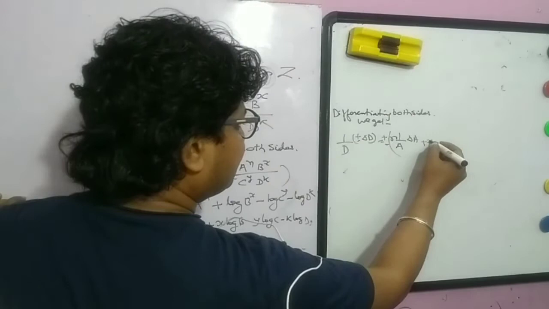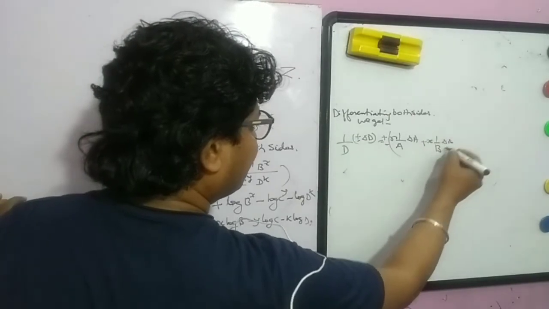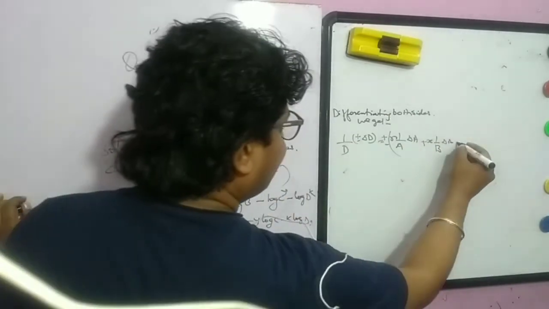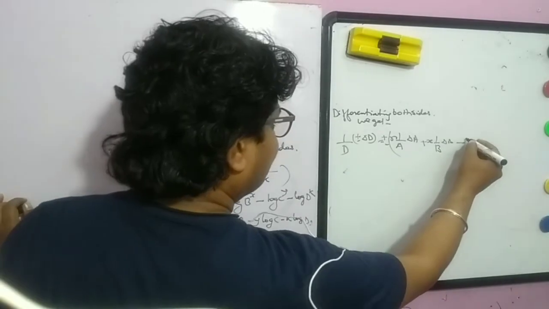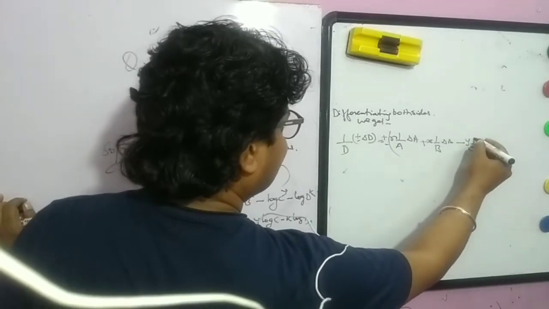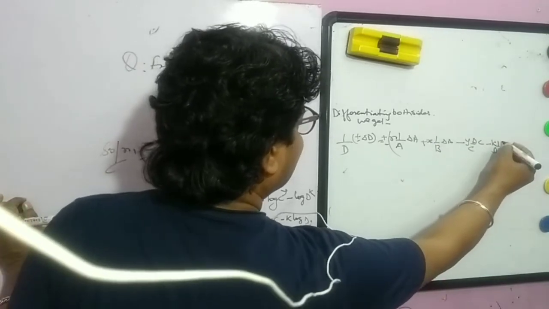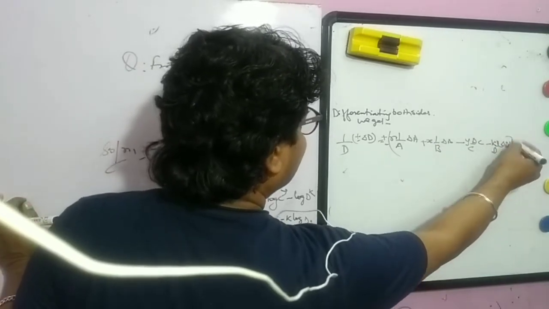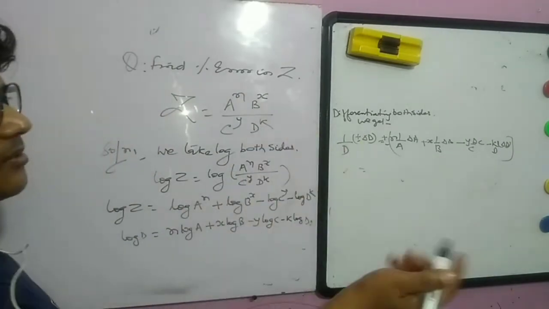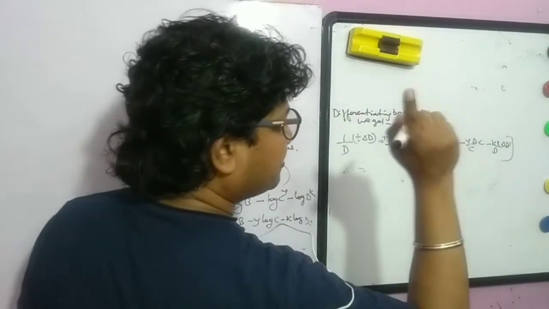So x (1/b) δb, minus y (1/c) δc and minus k (1/d) δd, right? But we have to take the positive sign only.